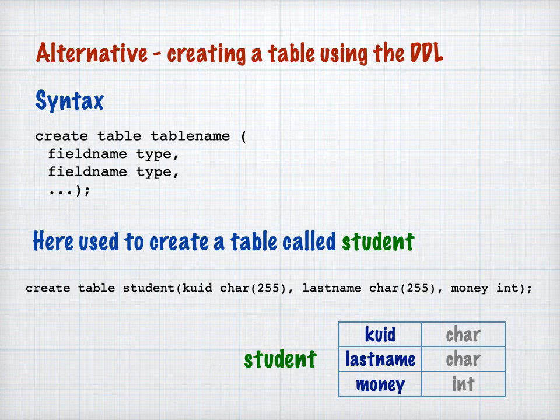So here's the actual SQL to create our table that we can use in these examples. It says create table student. So our table will be called student, and then it's going to have 3 columns, and you can see those 3 columns there, KUID, last name and money. And we can run that against the database just by going to that tab and inserting it there and clicking run.